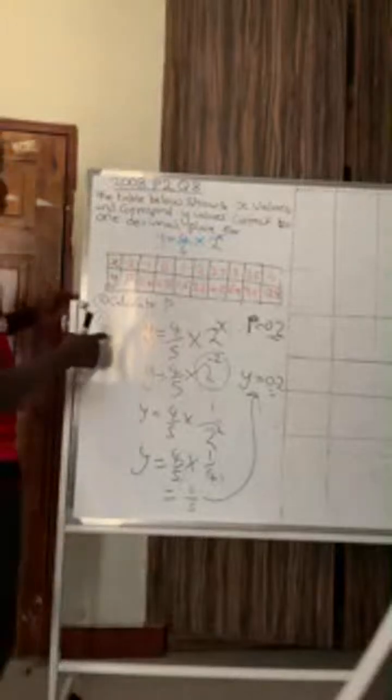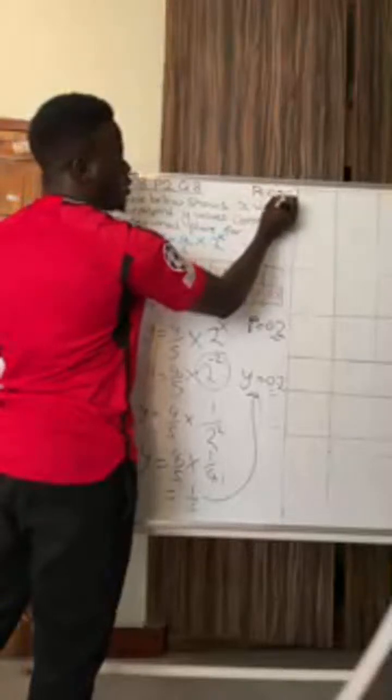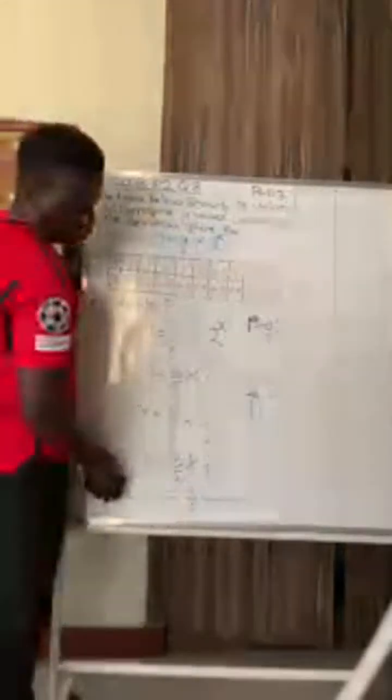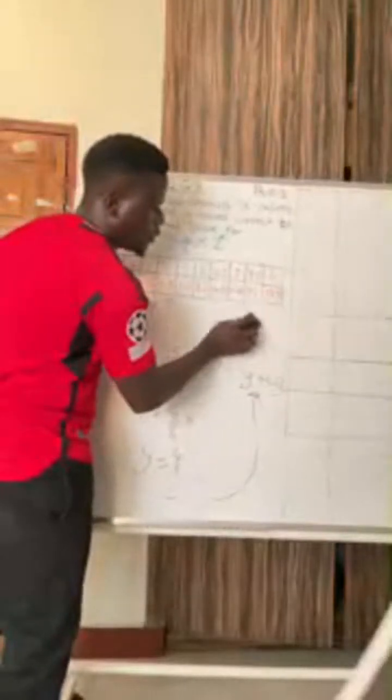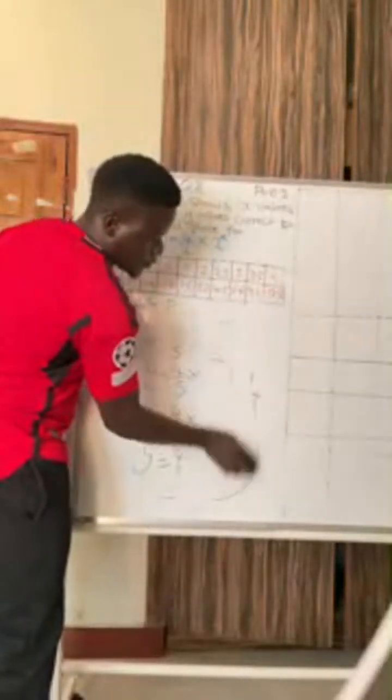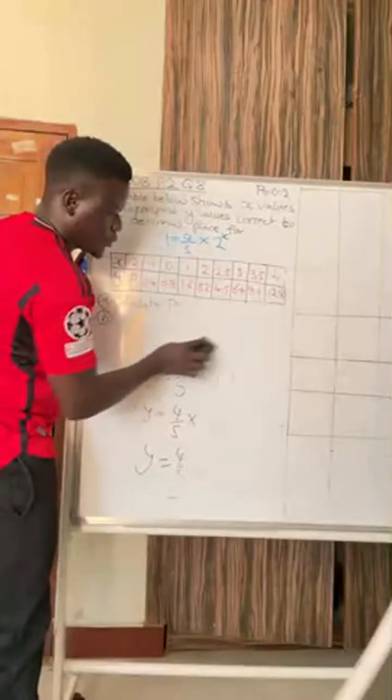We can write it here: P is equal to 0.2. I'm sure it's clear. So that's the value of P, 0.2.